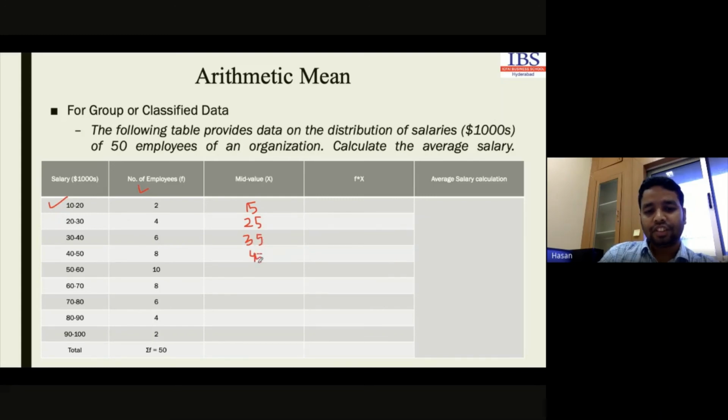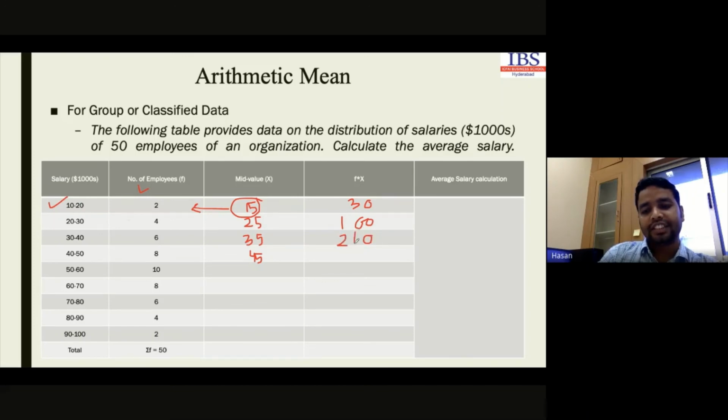In this category, we have 2 employees. So the total value for this category will be 2 into 15, which is 30. For the second category, the total value will be 25 into 4, that means 100. For the third category, 35 into 6, that means 210.